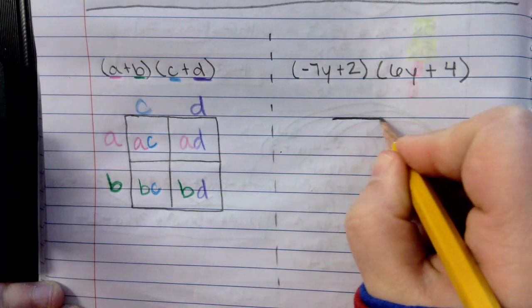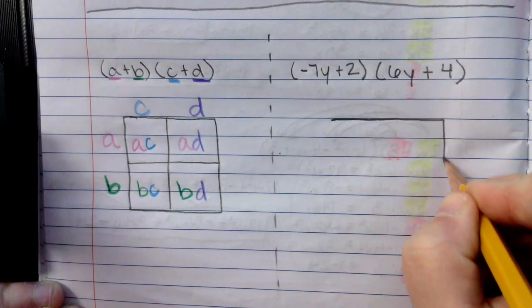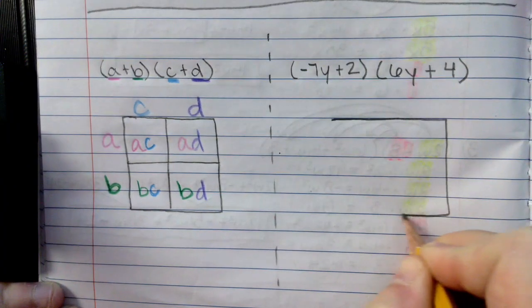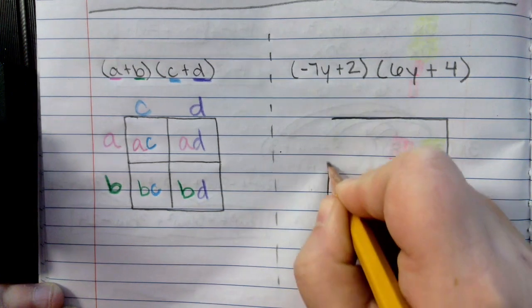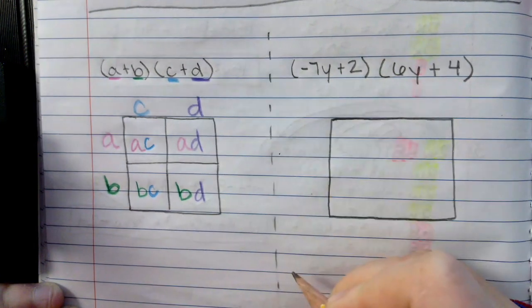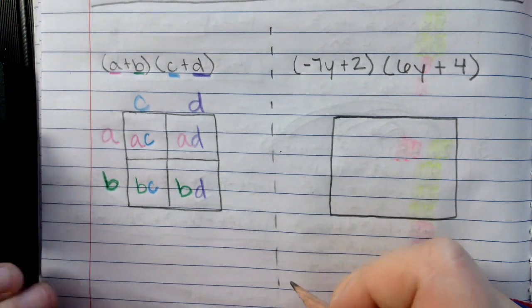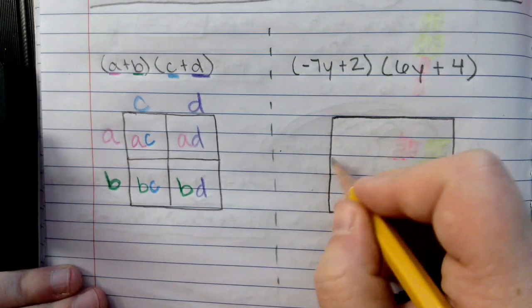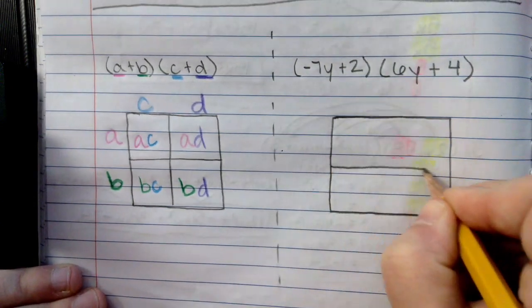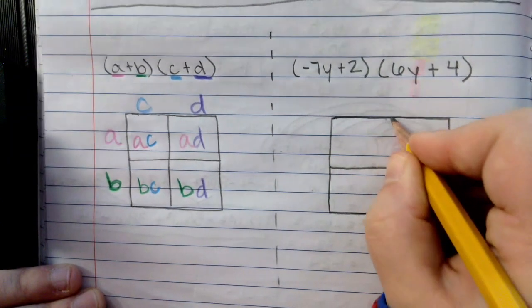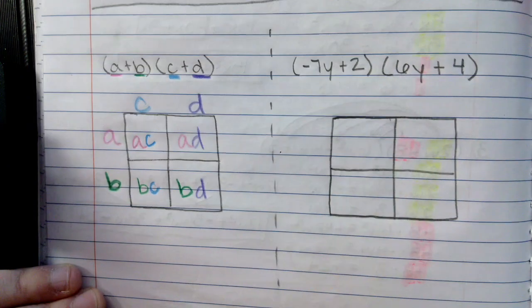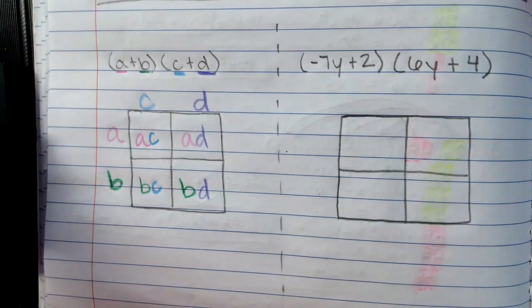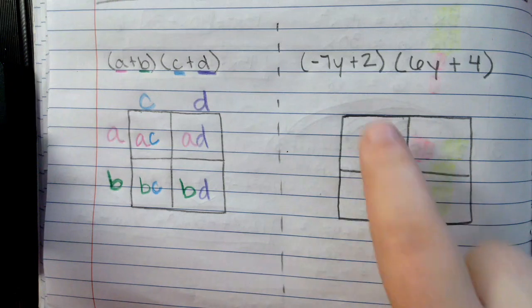So since we have a binomial times a binomial, we know we'll have 2 parts and 2 parts. We can put it in either order we want. So as long as the negative 7y goes with the 2 and the 6y goes with the 4, we can do either one across the top. Which one do you guys want across the top?